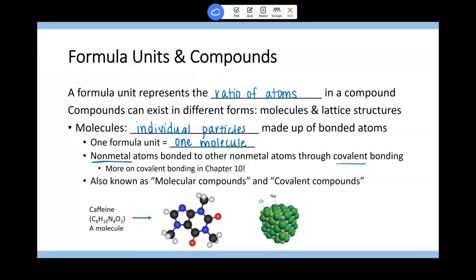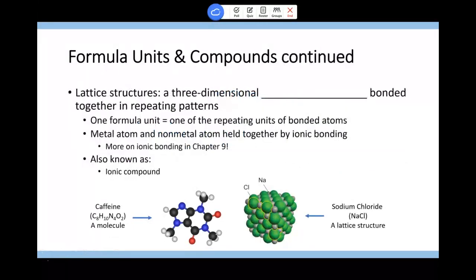We'll talk about covalent bonding more in a later chapter. And then these are also known as molecular compounds or covalent compounds. So these are molecules.